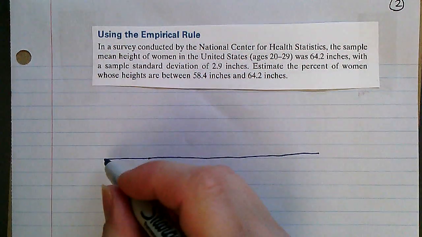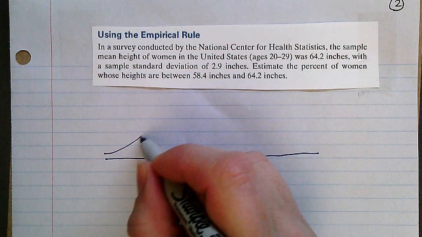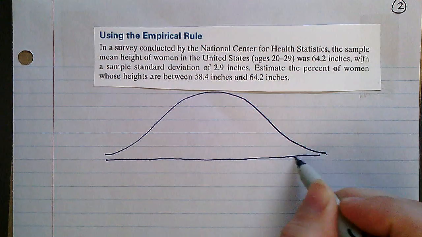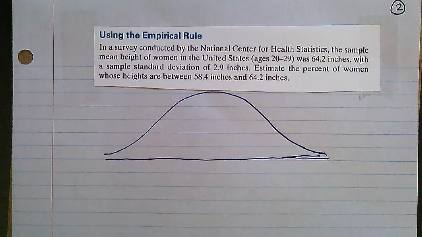You may remember doing this in Algebra 2. So there's my not great sketch of the symmetric or bell-shaped curve. Later, we'll call it the normal curve when there are specific other requirements that it meets. So my apologies. What we're going to do is label the mean.